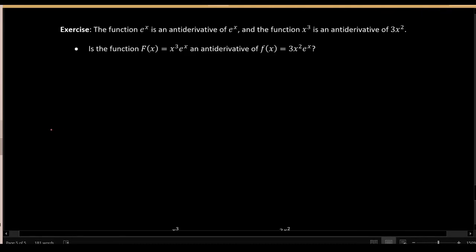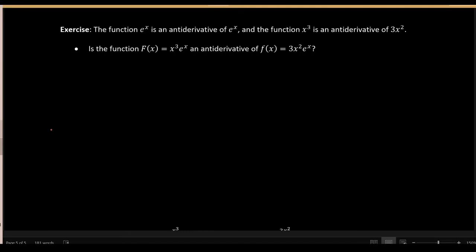But again, I really want to sit and deal with the fact that the situation is much more complicated when instead of sums and differences, you have products and quotients. We know, for example, that e to the x is its own antiderivative, and x cubed is an antiderivative of 3x squared.